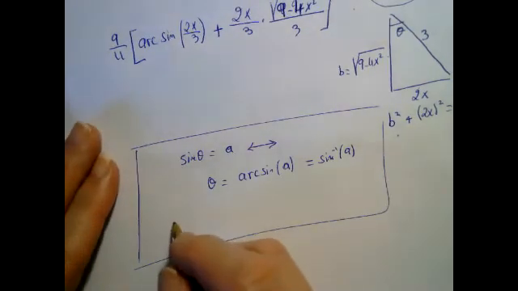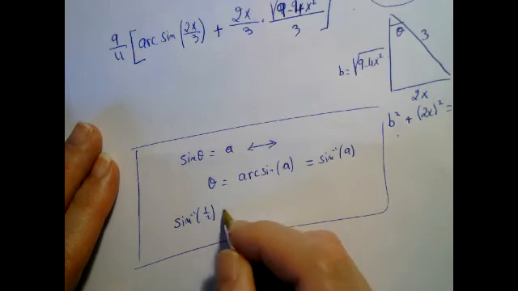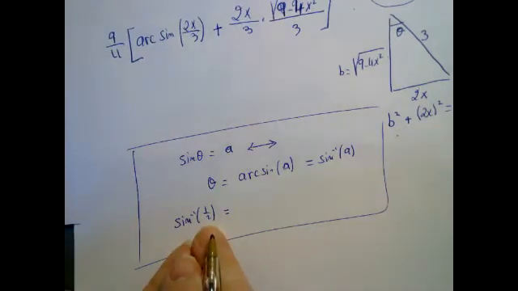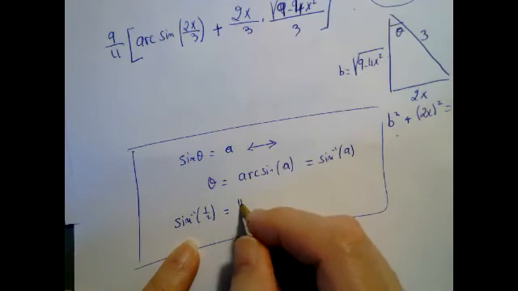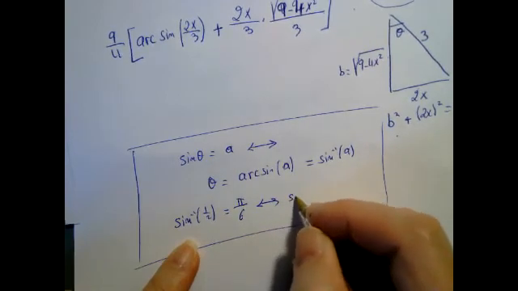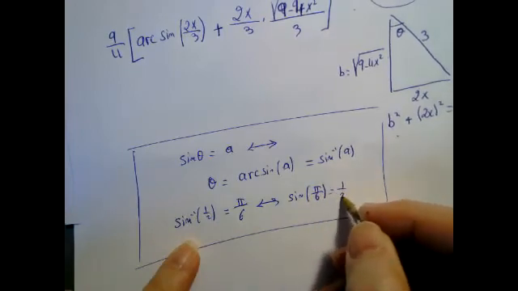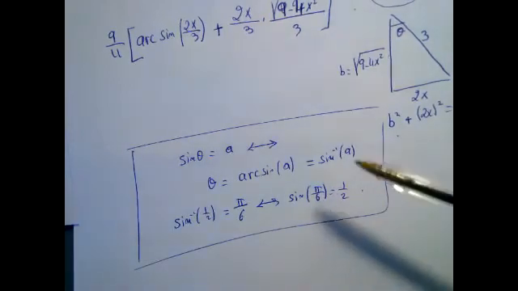When I ask what's sine inverse of a half, it means what's the angle whose sine is a half. That's pi over 6, which means the sine of pi over 6 is a half.